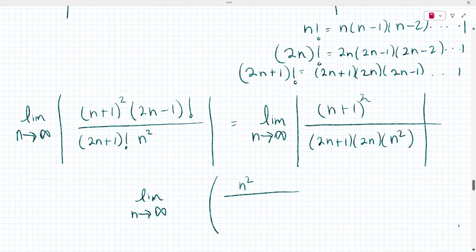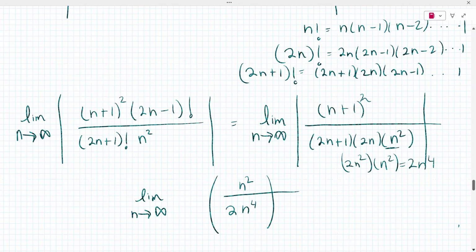Now on the bottom, I think the bottom power is going to be higher than the top, so it's going to be bottom heavy, right? So 2n times 2n, that's 4n squared, and then you have this extra n squared, so that's about n to the fourth. The degree on the bottom is bigger, so it's bottom heavy.